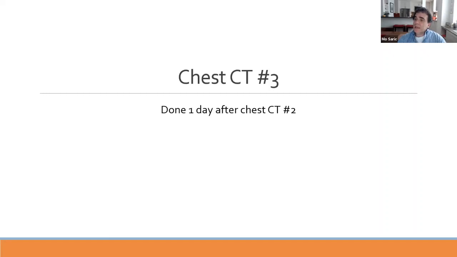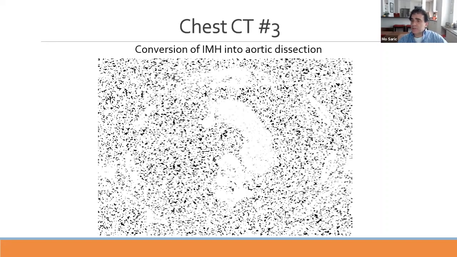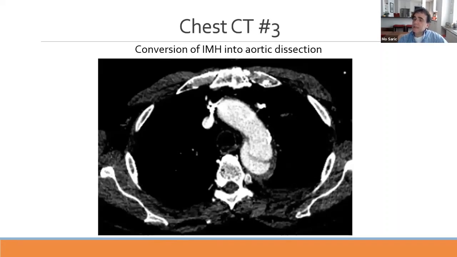So 1 day later, his chest pain got even worse, so chest CT was repeated. And what do we see now? We actually see conversion of intramural hematoma into aortic dissection, proving indeed that intramural hematoma in some instances is a true precursor of aortic dissection.